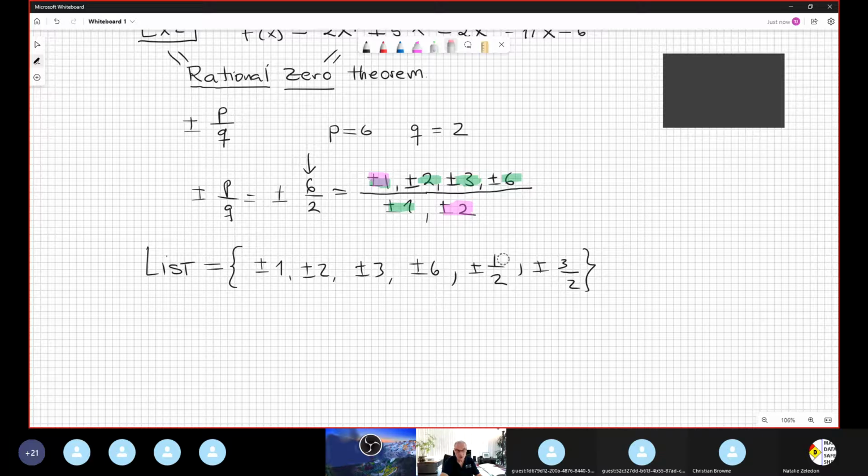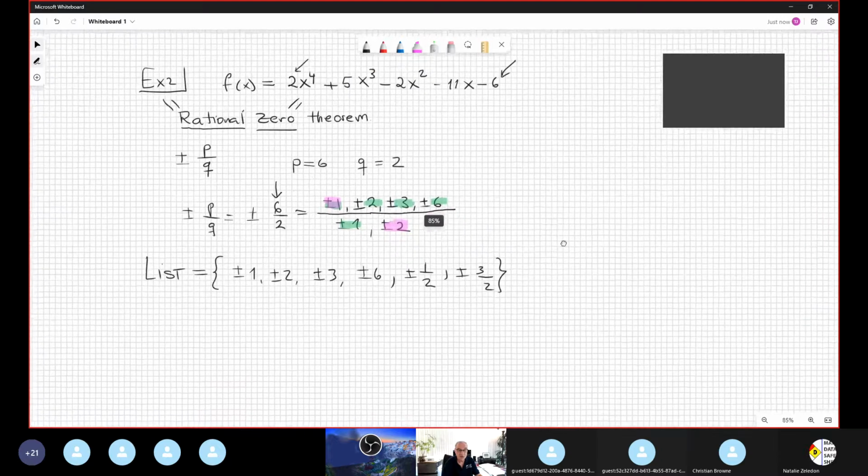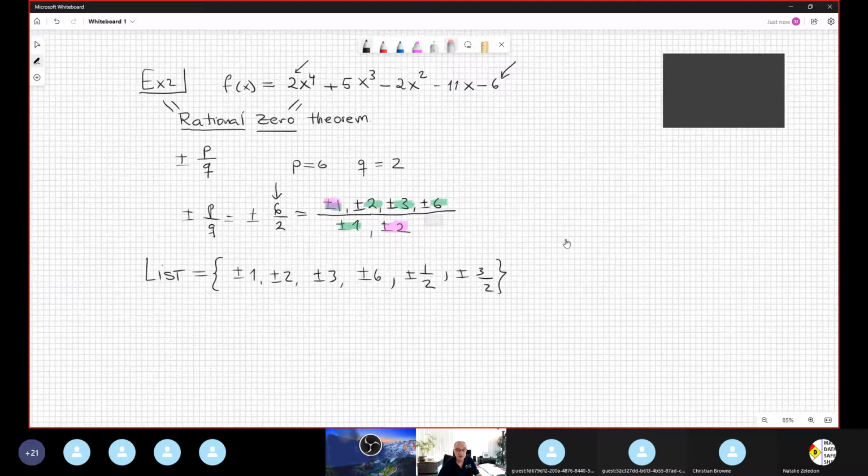And now it's a little bit time consuming. You try one by one with synthetic division. I did that already and want to skip that part. Then, the synthetic division of the polynomial: remember the format for the synthetic division.